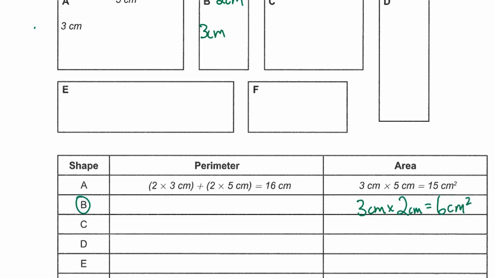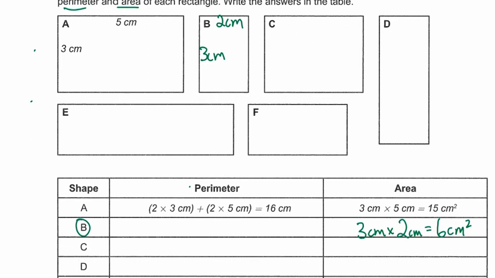So again, area is always the squares that cover a particular rectangle or shape, right? If I'm finding perimeter, I'm going back up here and thinking, to find perimeter, I need to go all the way around. So to here, then to here, then to here, and back to here. So I'm measuring all of that.